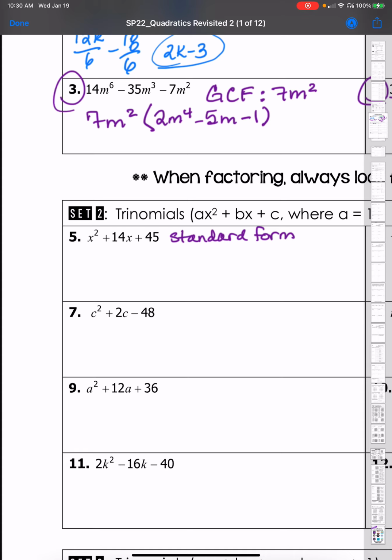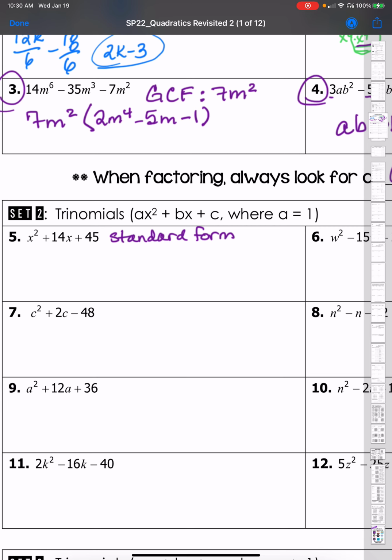But getting back to factoring, we have this equation in standard form, so what we need to do, just like when we were looking for our axis of symmetry, is list our a, b, and c. Our a is 1. It's an understood 1 in front of the x squared. Our b is a positive 14, and our c is a positive 45.